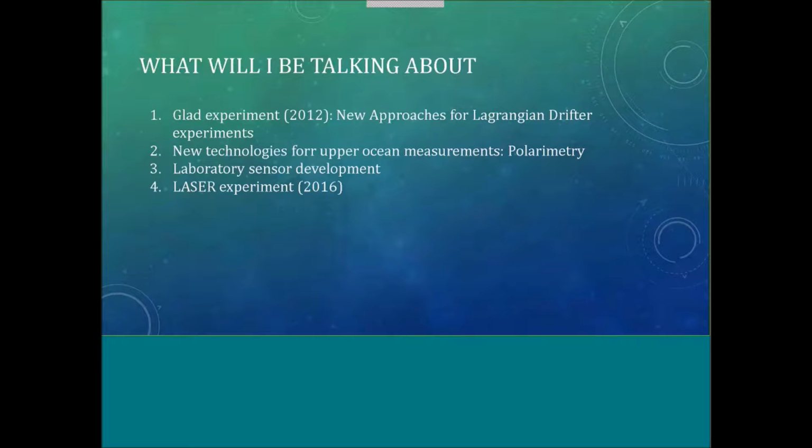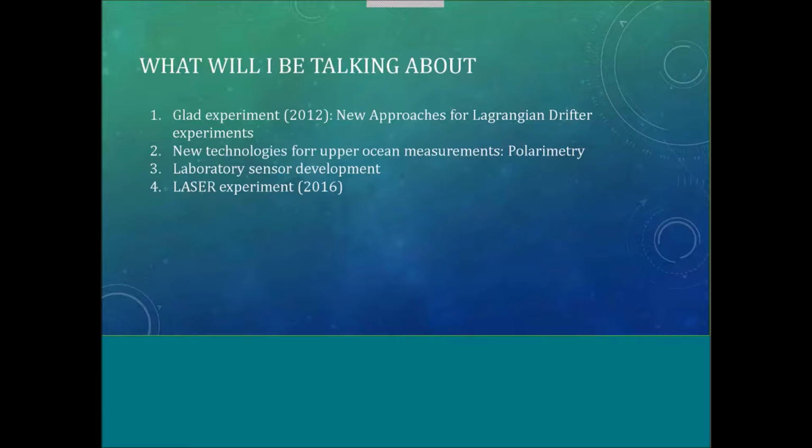So specifically, I'll be talking about the GLAD experiment, which is a large drifter experiment that we did in 2012. This is the first of the largest ever attempted, and successfully so, for a Lagrangian drifter deployment to learn about the patterns of oceanic circulation.